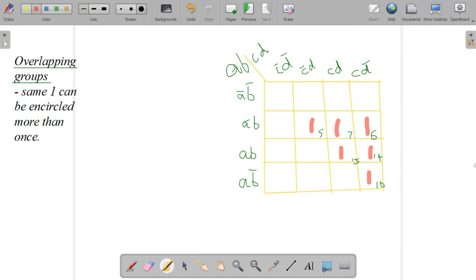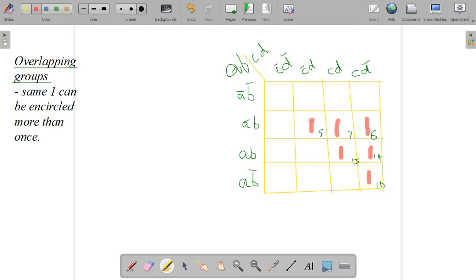So from a Boolean expression we got these minterm positions, and in those particular minterm positions we have filled the value 1 because this is an SOP. You can consider this as an example to explain the overlapping group.